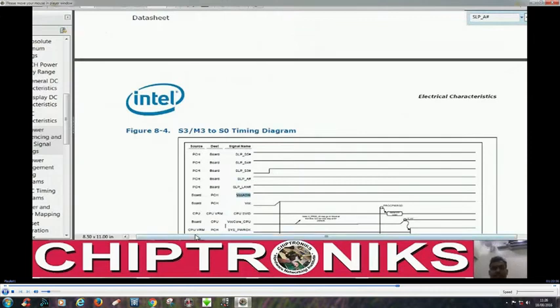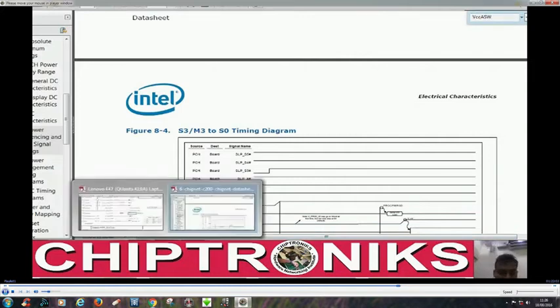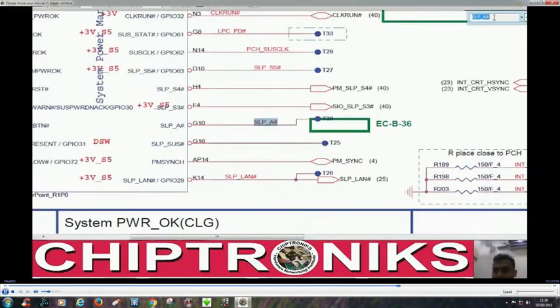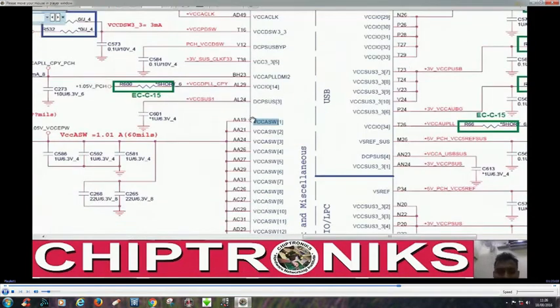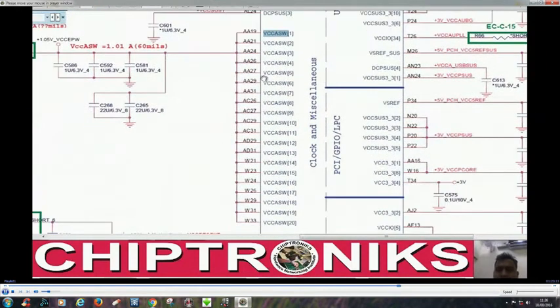Let's check VCC-ASW, from where it is fed. We search over here VCC-ASW, and you can see this VCC-ASW, that is the active sleep well, that is the AMI inside the PCH.